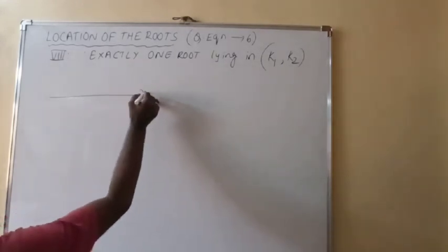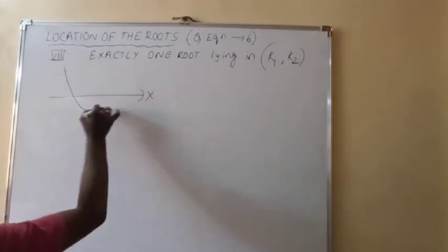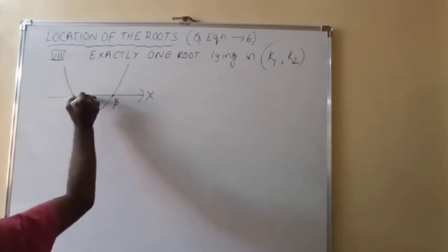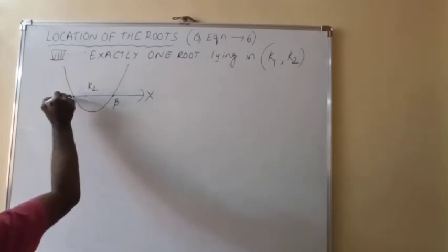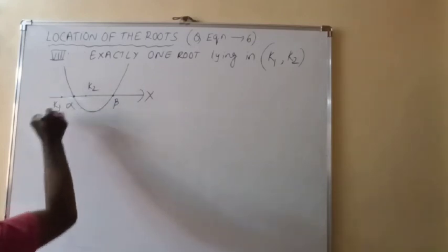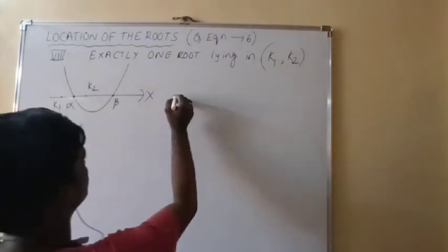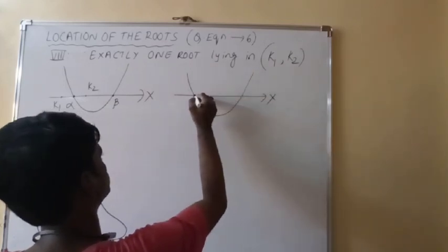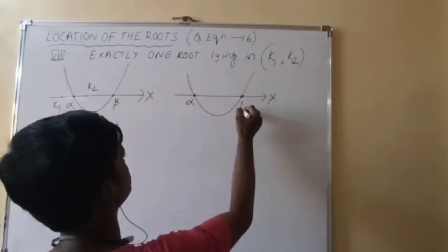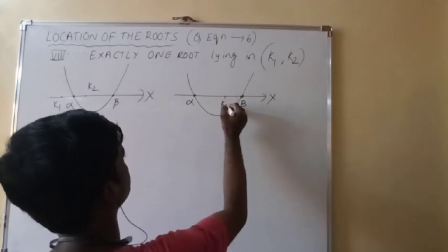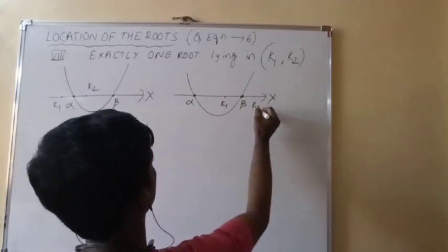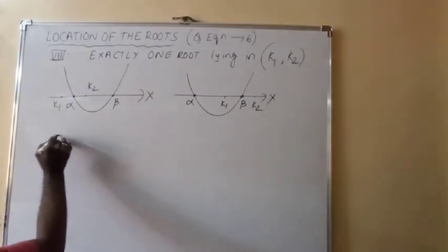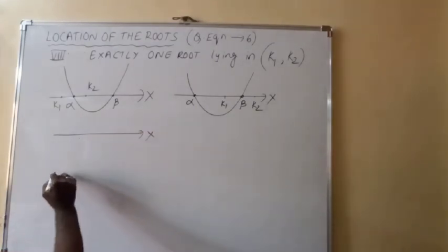So when a is positive, these are the two possible cases. So this is the alpha, this is the beta. So this is say k2, this is k1. Or beta may lie between k1 and k2. So in the first two cases, a is positive only. Next, the graph may be like this also.